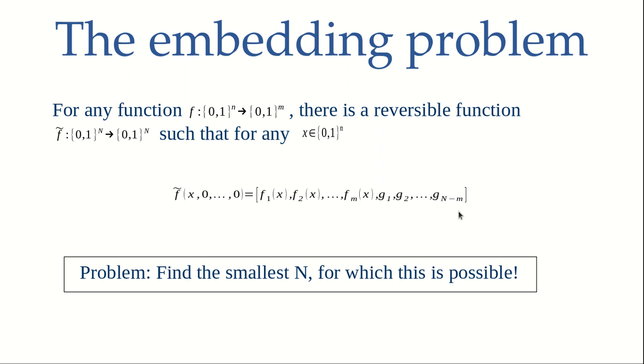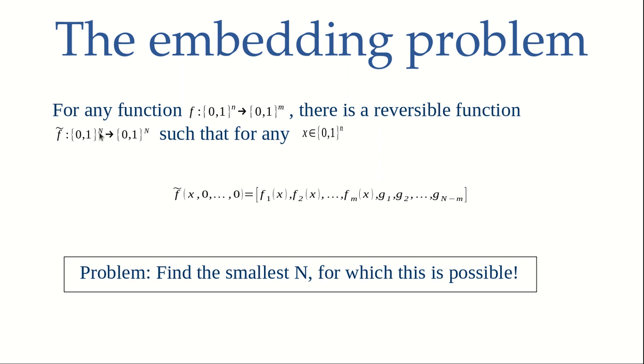And since the number of bits generally corresponds to very expensive physical resources, in quantum computing, for example, this would be the qubits, what we want to do is we want to know what is the smallest possible capital N for which such an embedding function exists.